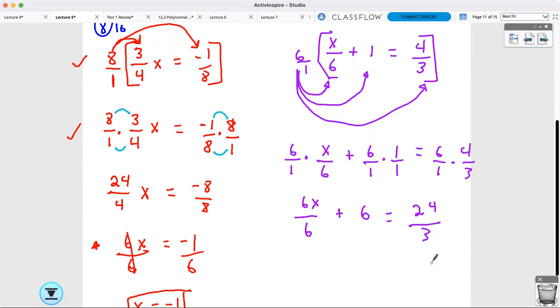Now we simplify each fraction we still have. 6 divided by 6 is just 1x or just x. Bring down the plus 6 equals 24 divided by 3 is 8. That is the new equation we have now without fractions. And we got this new equation by multiplying the LCD.